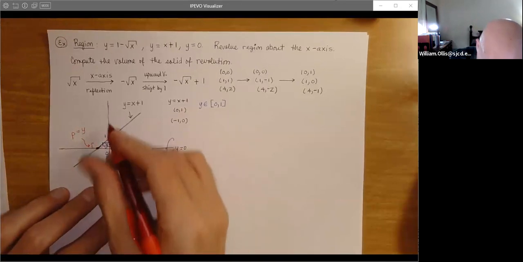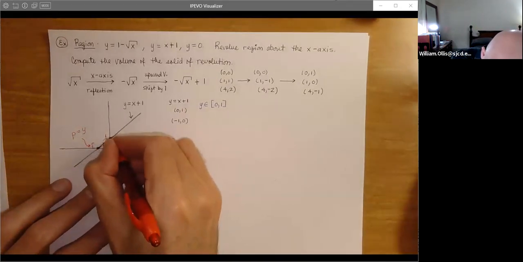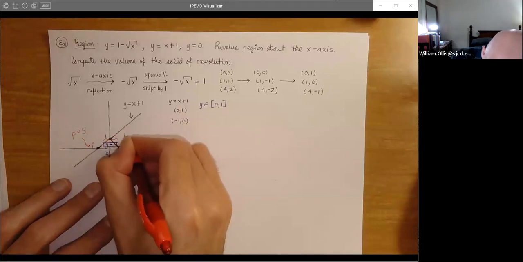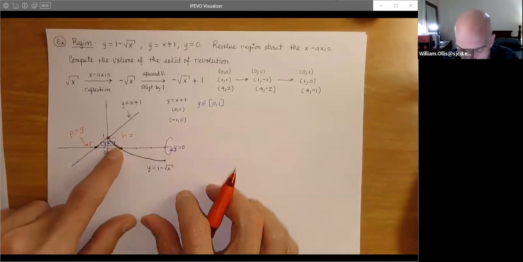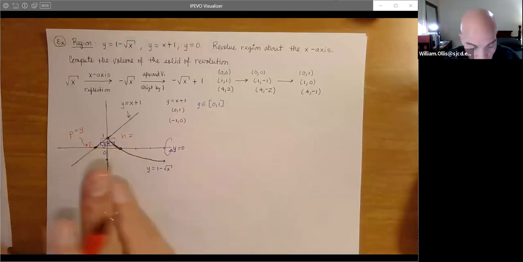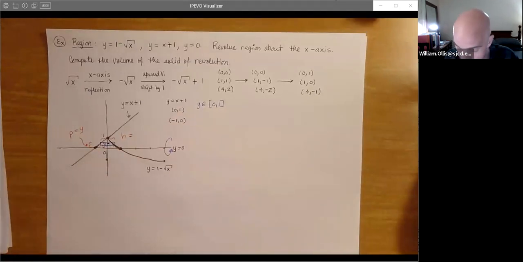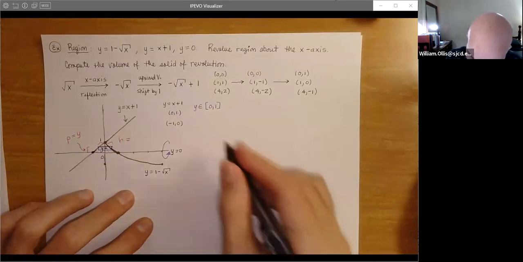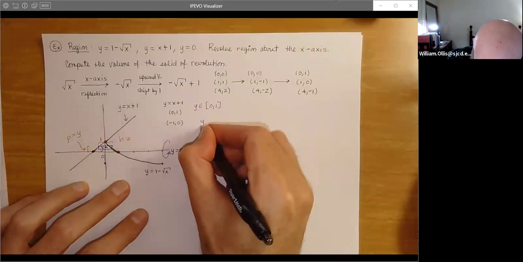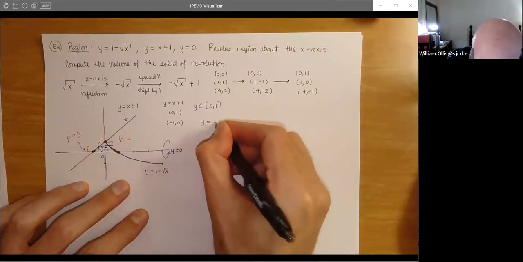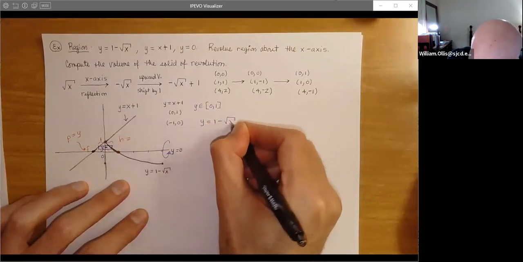And then we need the strip height, h. What's that going to be? Well, when we look at this, we have to do the right minus the left. So we need everything written in terms of the independent variable y. So first, let's go ahead and do the algebra. We have y equals 1 minus the square root of x.